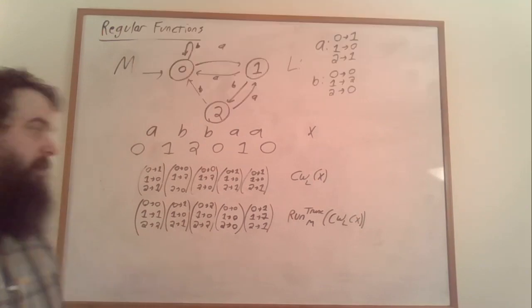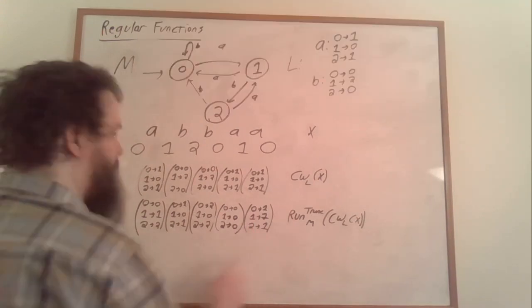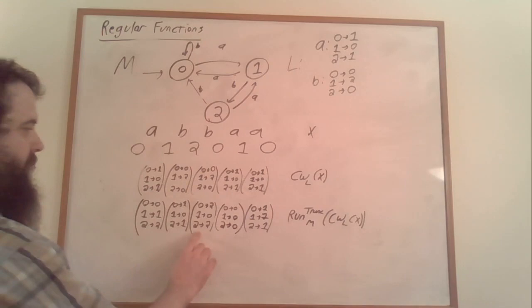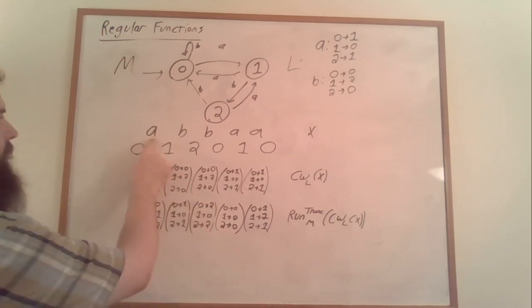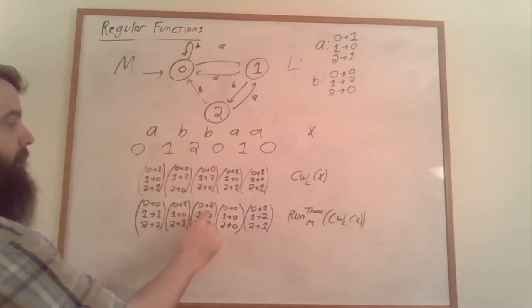Now the result is actually a function that tells us at any point, let's take a look at this value here. This tells us if we start off in state 0 and we read an AB, we'll wind up in state 2.